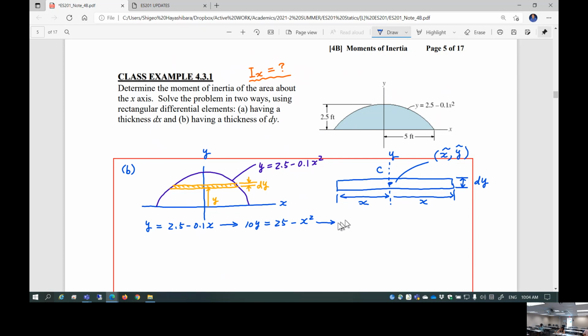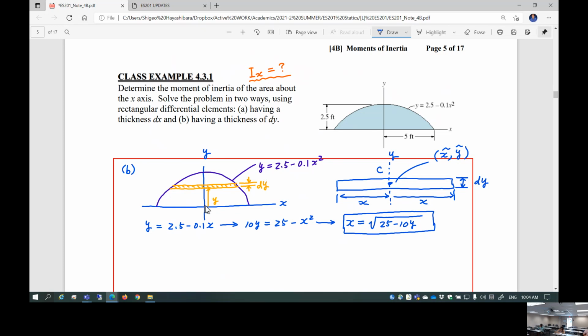So from here, you can determine x equal to square root of 25 minus 10y.